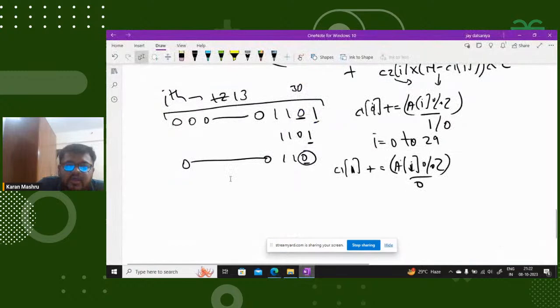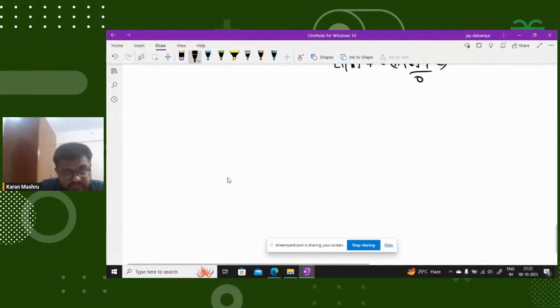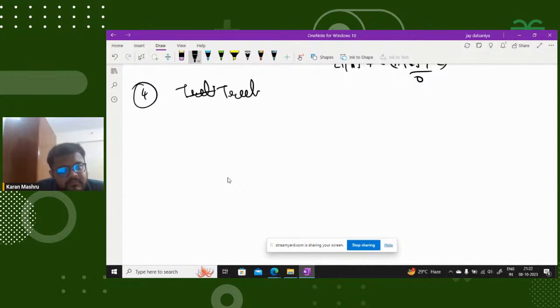So basically what they are saying is, there is a Treeland. In Treeland there are n cities numbered from 0 to n minus 1. We need to deliver m parcels.